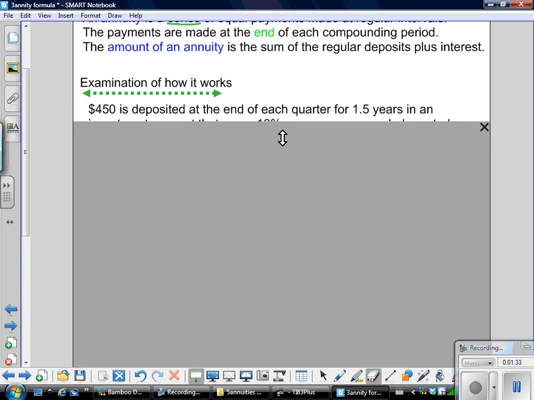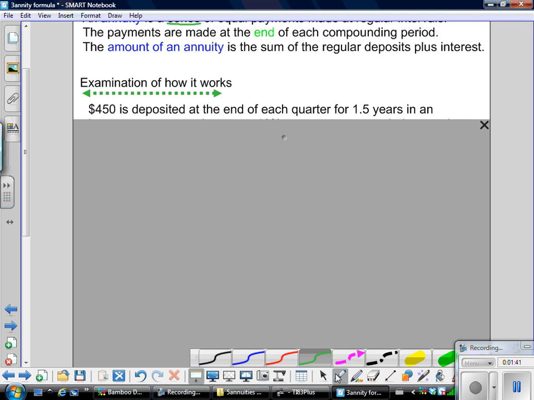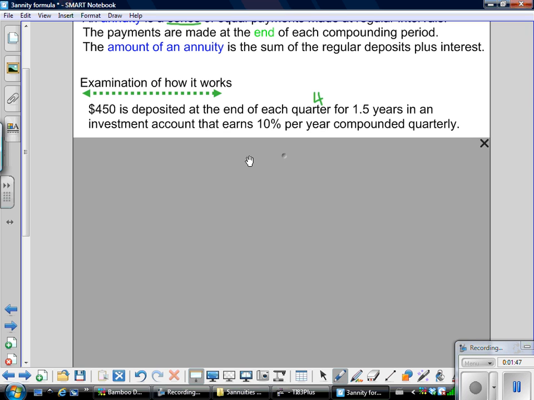We're going to take $450 and deposit it at the end of each quarter. And remember, quarterly is four times a year, for 1.5 years, in an investment account that earns 10% per year compounded quarterly.